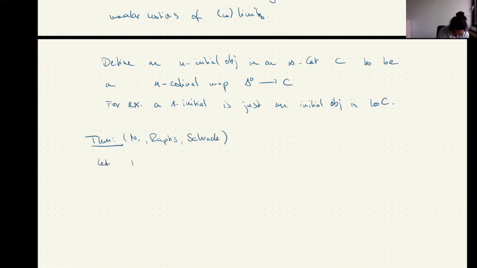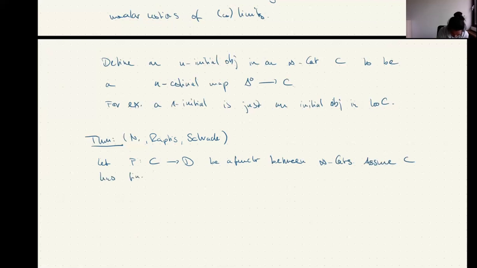So suppose we have a functor between infinity categories, and assume C has finite limits and F preserves them.